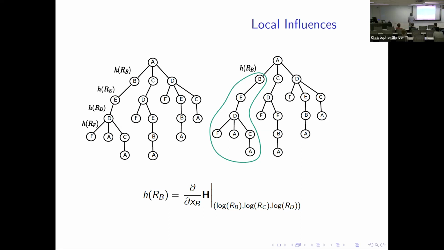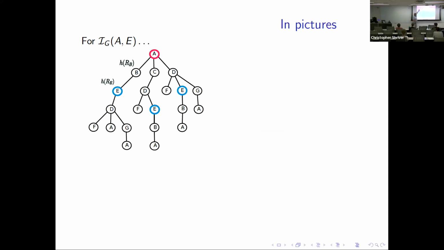You can derive this from the relation with the gradient, this recursive relation. Then say I want to get an upper bound for the influence for the entry AE in the influence matrix of G. I take the self-avoiding walk tree starting from A, and I want to sum the influences of A on the copies of E. I have these quantities H of R_B, H of R_E, take the product and find the influence here.